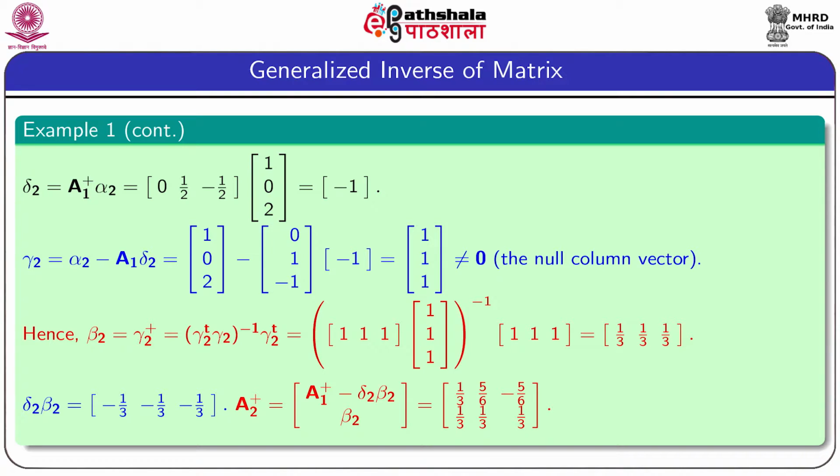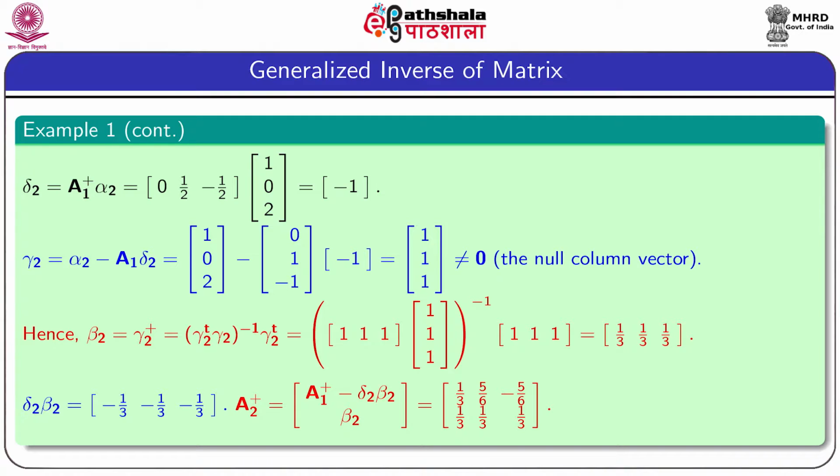Gamma 2 plus is the Moore-Penrose inverse of the vector gamma 2, which is equal to the conventional inverse of gamma 2 transpose gamma 2, into gamma 2 transpose. After simplification, this vector beta 2 becomes a row vector equal to 1/3, 1/3 and 1/3. Now delta 2 beta 2 equal to minus 1/3, minus 1/3 and minus 1/3. This is a row vector.